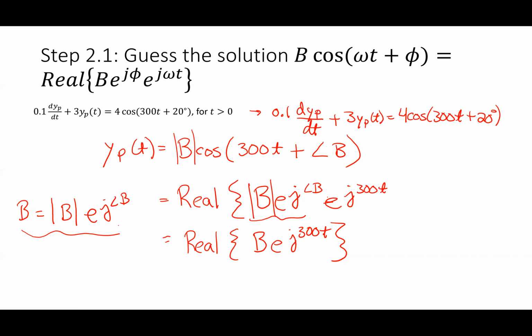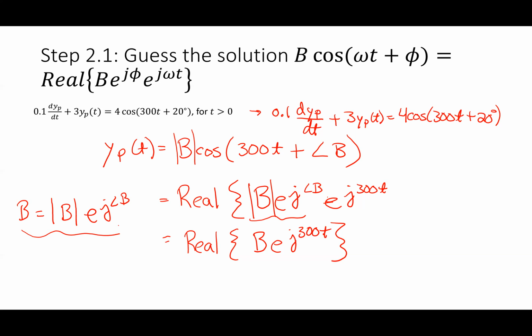I'm not going to have a complex number in front of my cosine, because this is a thing that exists in the real world, and the angle is an angle. So when I bring them together, those are one complex number: a positive magnitude and an e to the j angle B.